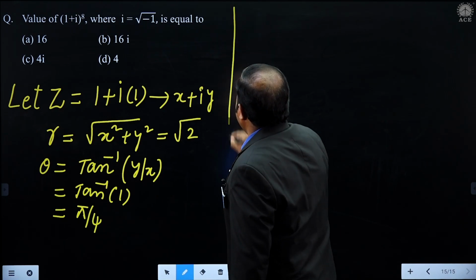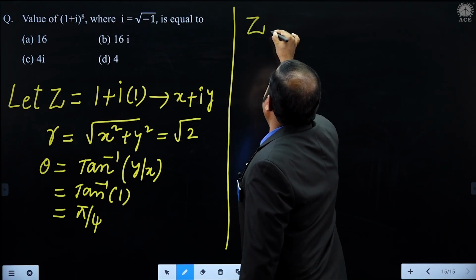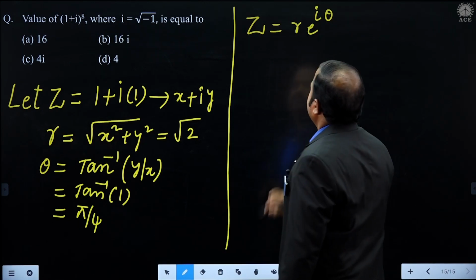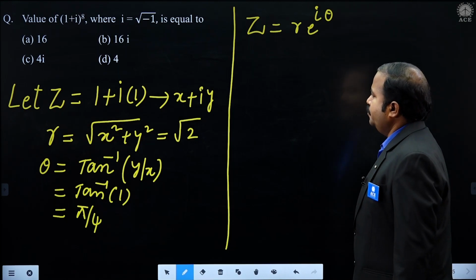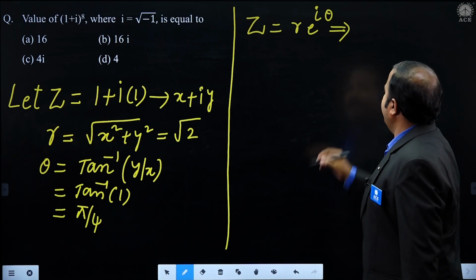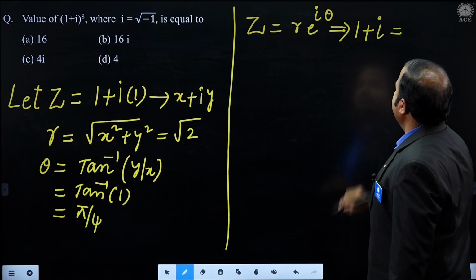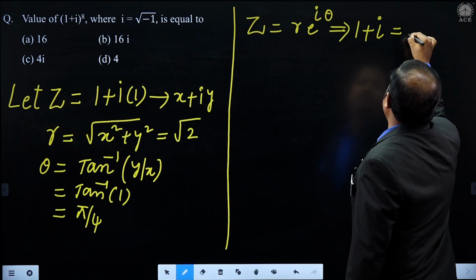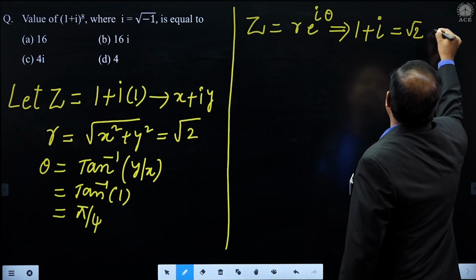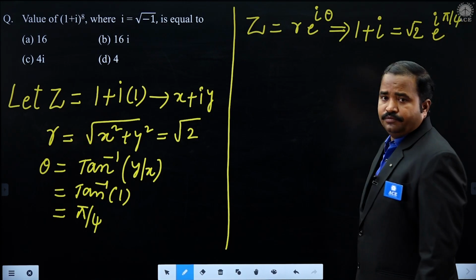We know that z equal to r into e raised to i theta. This is the polar form of the complex number. So, the given complex number can be expressed as 1 plus i equal to r means root over 2 and e raised to i theta, theta is pi by 4.